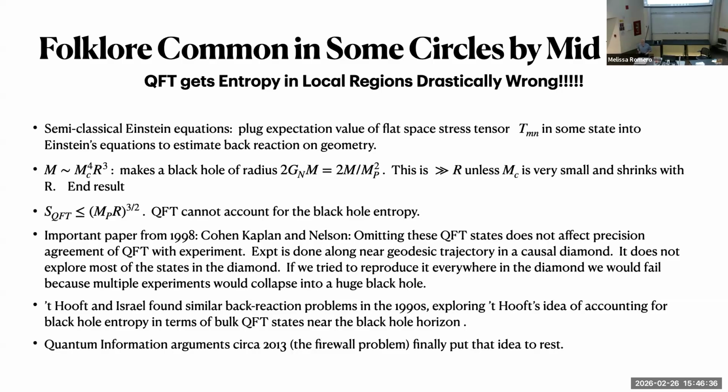Take quantum field theory in a certain volume of space. It says, as I told you, that the entropy in that volume is proportional to the volume. So now let's look at most of those states. So I put in some ultraviolet cutoff on the quantum field theory. One reason you might want to put it there is because quantum gravity has a natural length scale in it.